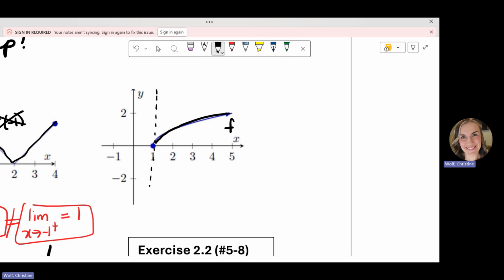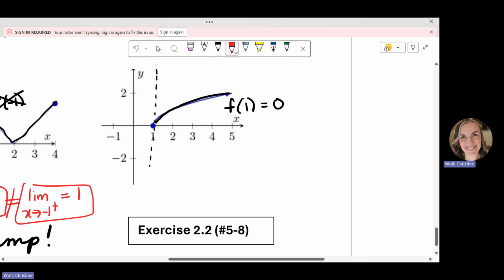And then I check f at 1 also, and that also equals 0. So my limit equals my function value. So this is actually continuous, but I just want to show you one little extra thing here. I'm just going to show the justification.